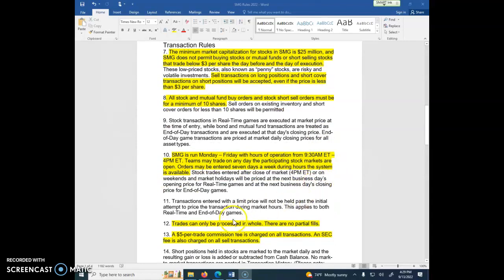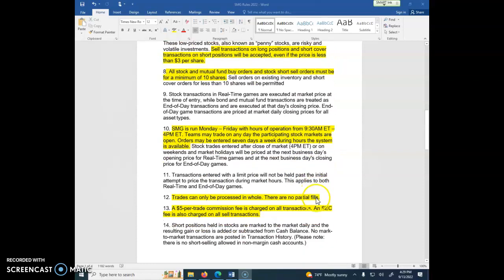Moving on. Number 12, trades can only be processed in whole. There are no partial fills. What that means is, let's say that I enter a trade and the trade is worth a whole lot of money. I'm trying to buy a whole lot of money worth of stock. There is a limit. You can only buy stock up to 150% of the value of your total portfolio.